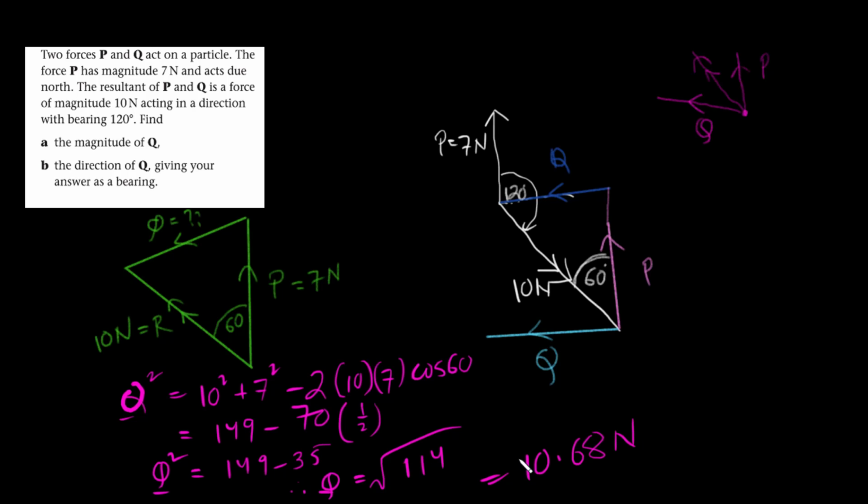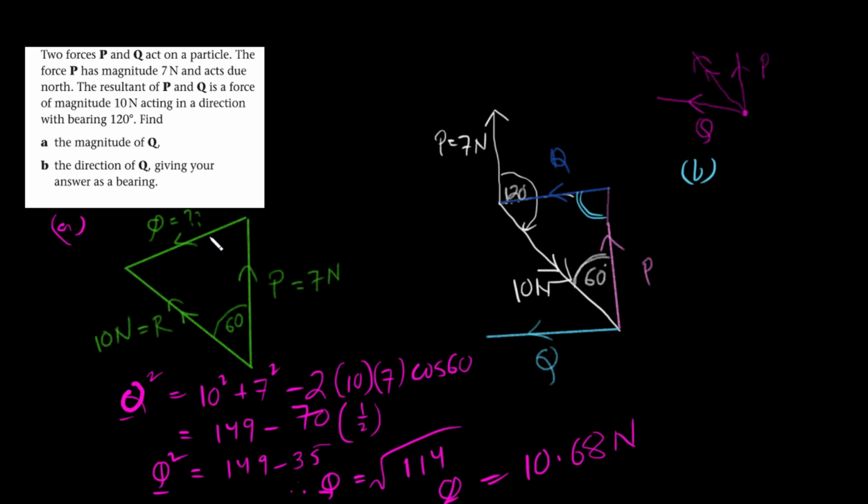So 10.68 Newton is the force Q. That is the first one, question number A. Now in question number B, we have to find the direction of Q, giving the answer as a bearing. So obviously it has to be an angle with P.